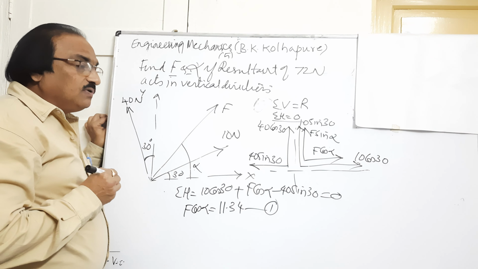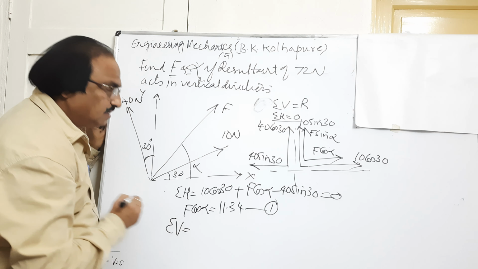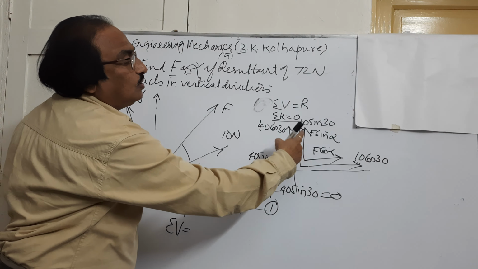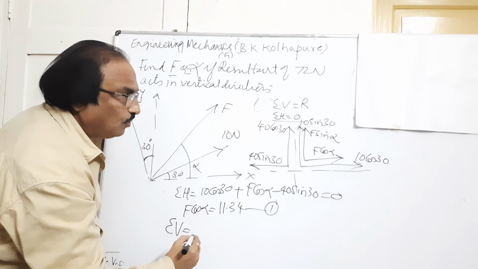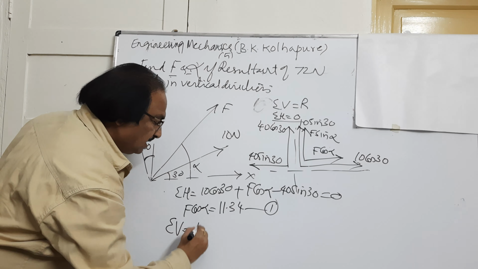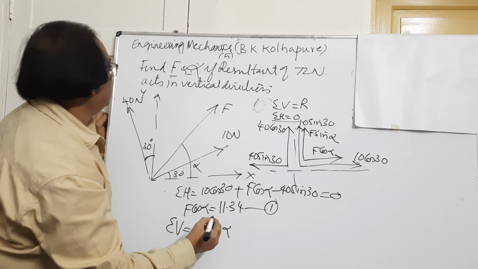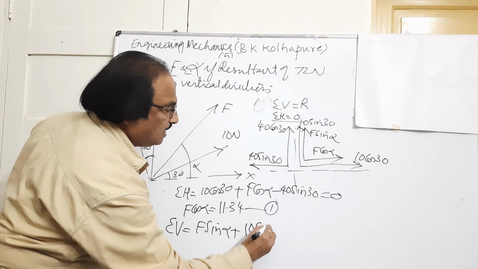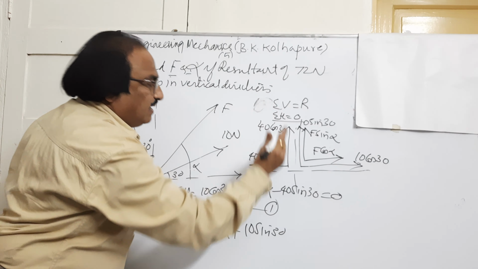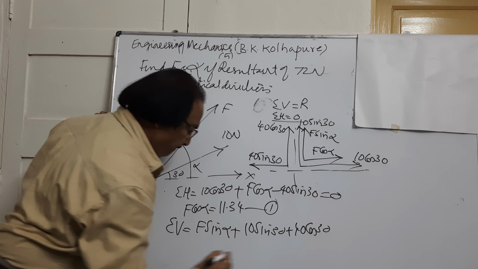11.34. Now we will resolve the forces vertically. If I resolve the forces vertically, sigma V is equal to, three forces are there. All are acting up. Up is positive. Let us begin with this F sin alpha plus 10 sin 30 plus 40 cos 30.